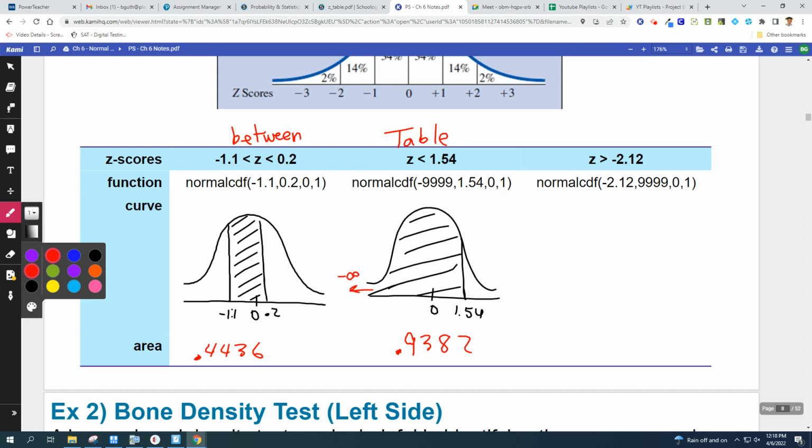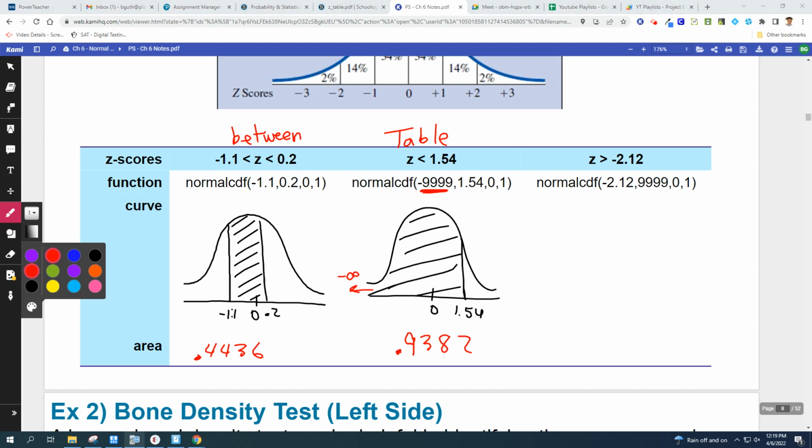And so if you're using the normal CDF function on your calculator, you don't really have any way of typing in negative infinity. So the best thing you can do is just type in something that's way, way far over there. So negative 9999, or just something really, really far to the left, is going to approximate your infinity.